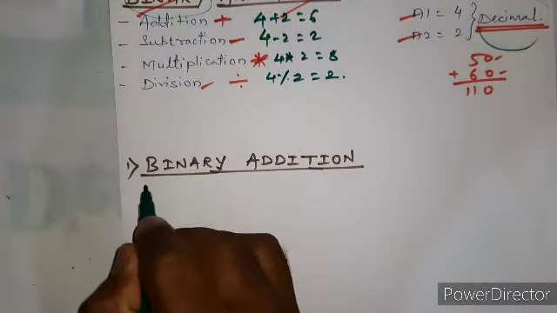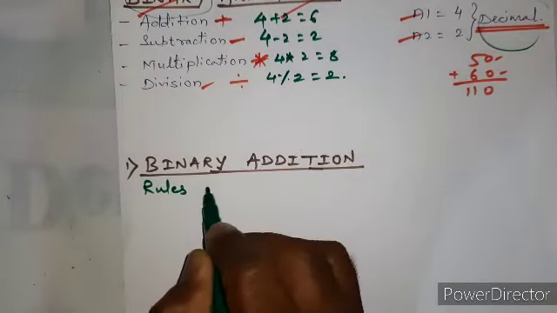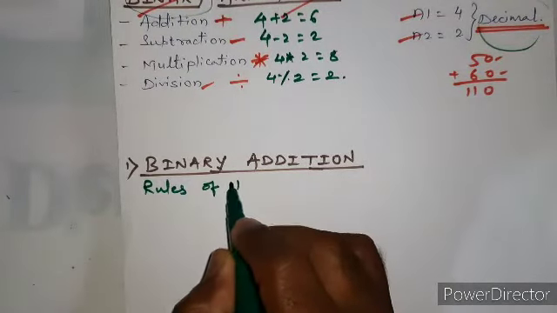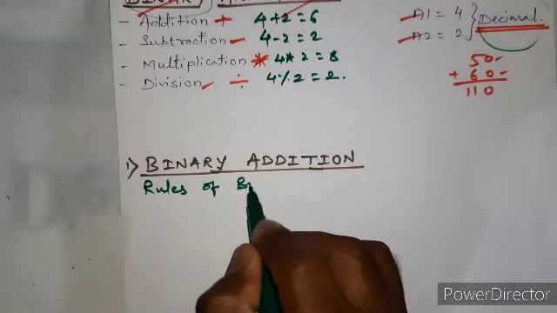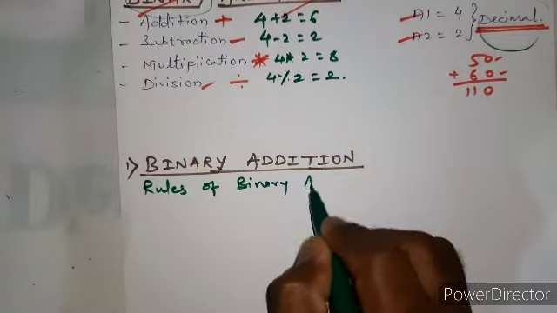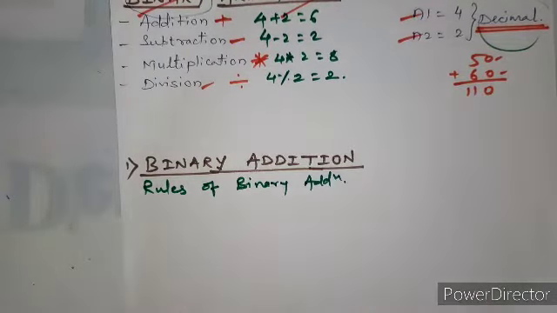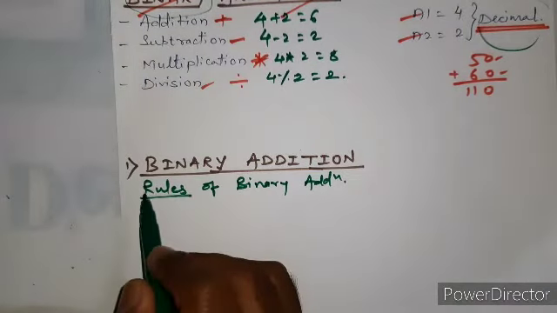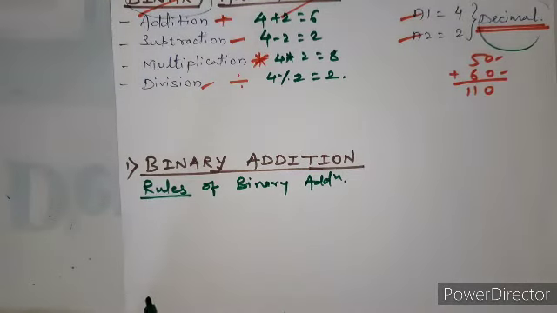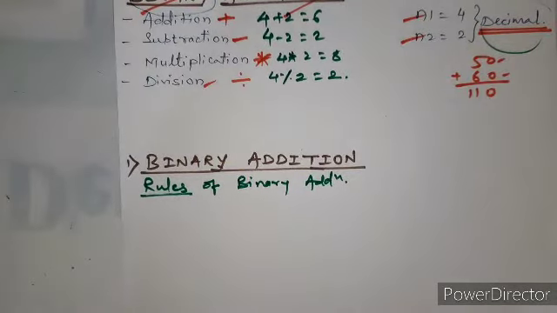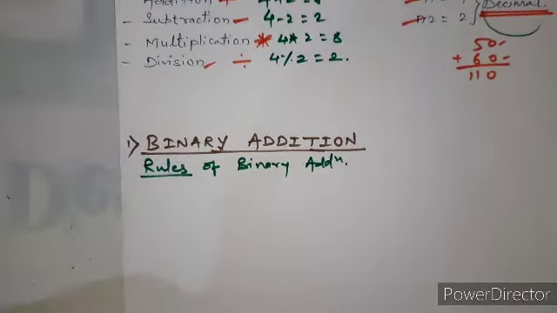There are certain rules of addition. Binary addition is guided by these rules. There are 4 to 5 rules which are applicable for any small number or any big number, and once you understand these rules, binary addition becomes very easy.